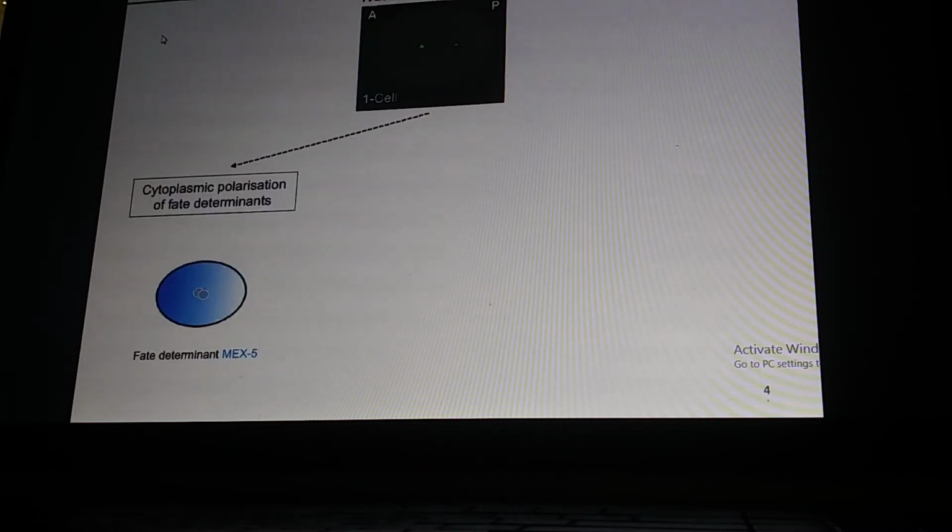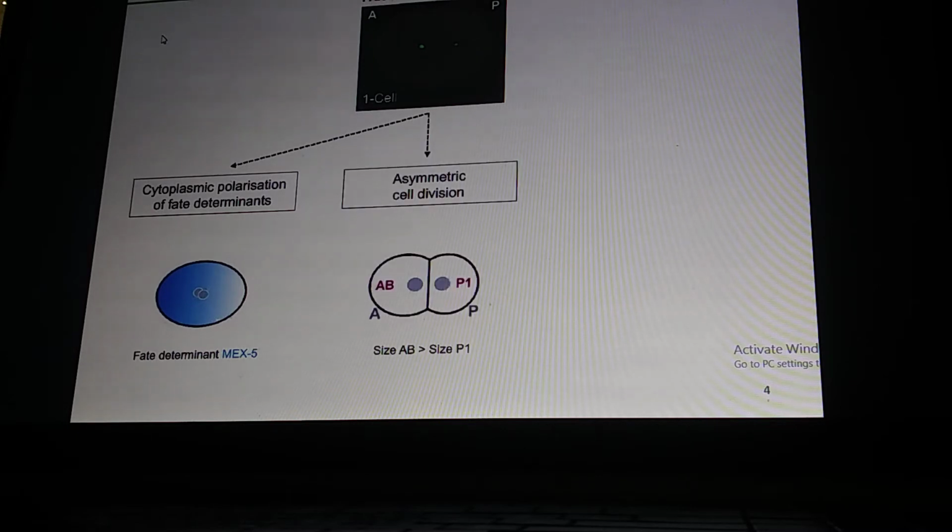It controls the cytoplasmic polarization of fate determinants, and one such example is the fate determinant MEX-5. It allows for the asymmetric division of the zygote, originating two cells at the two-cell stage that are different in size, where the AB cell on the anterior side is bigger than its P1 sister cell.